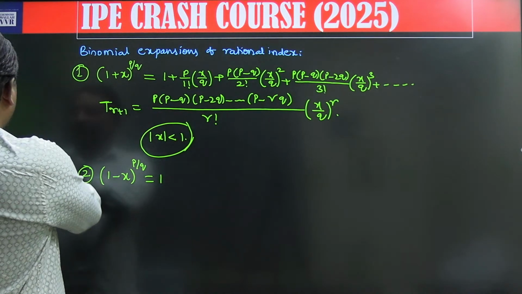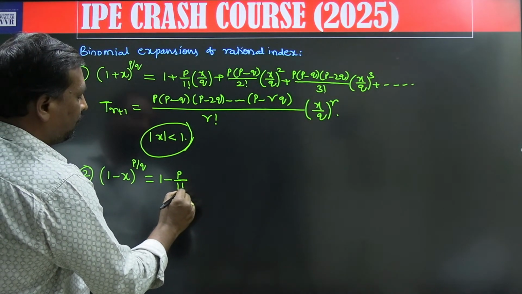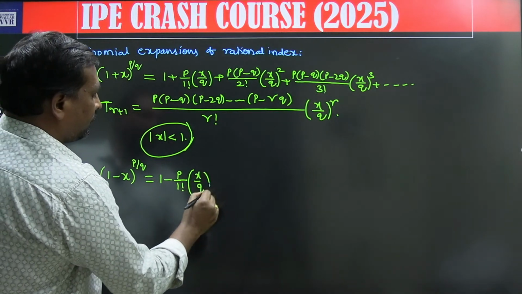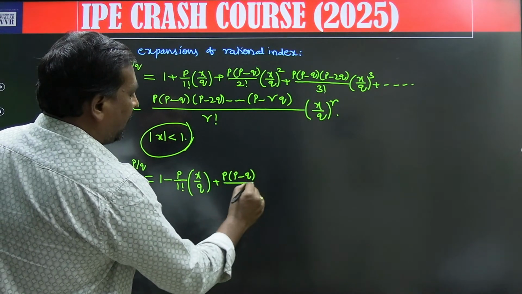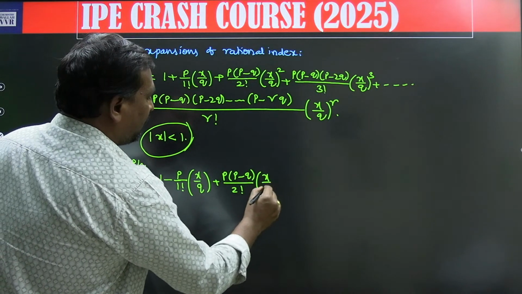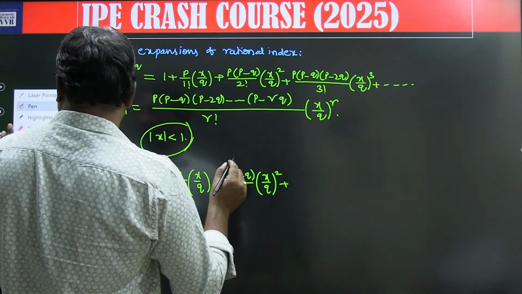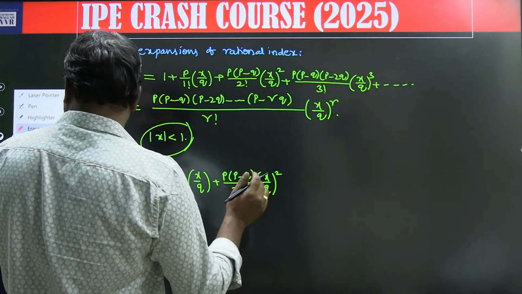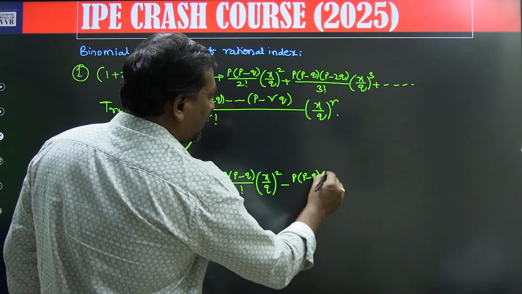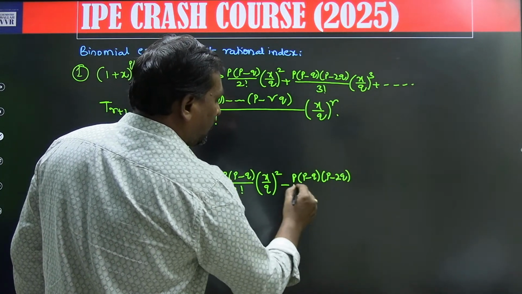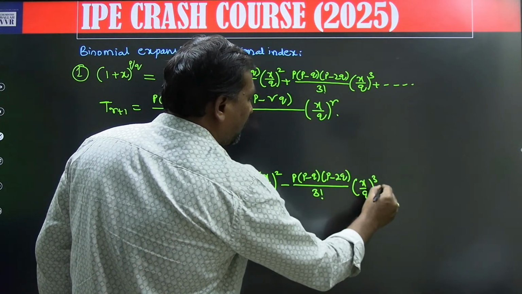So here we get 1 − (p/1!)(x/q) + [p(p − q)/2!](x/q)² − [p(p − q)(p − 2q)/3!](x/q)³ and so on. It is a minus for the third term.